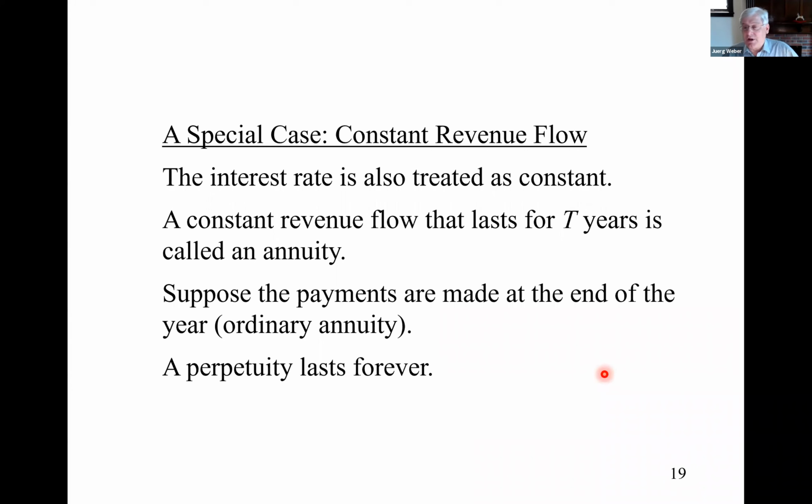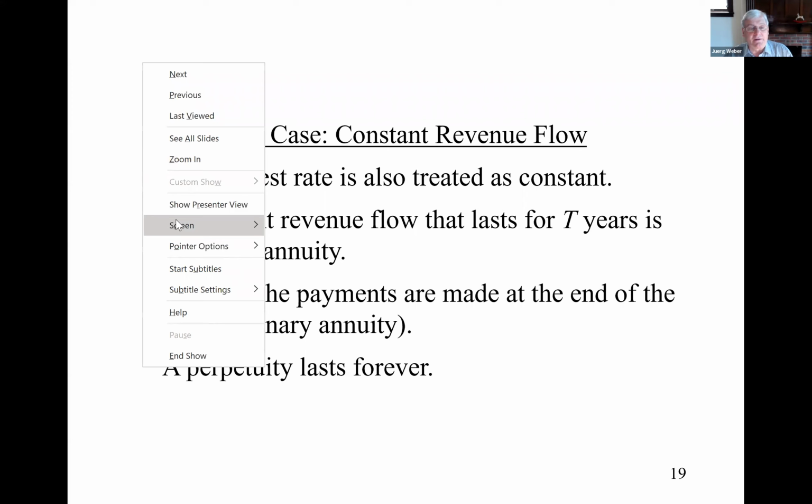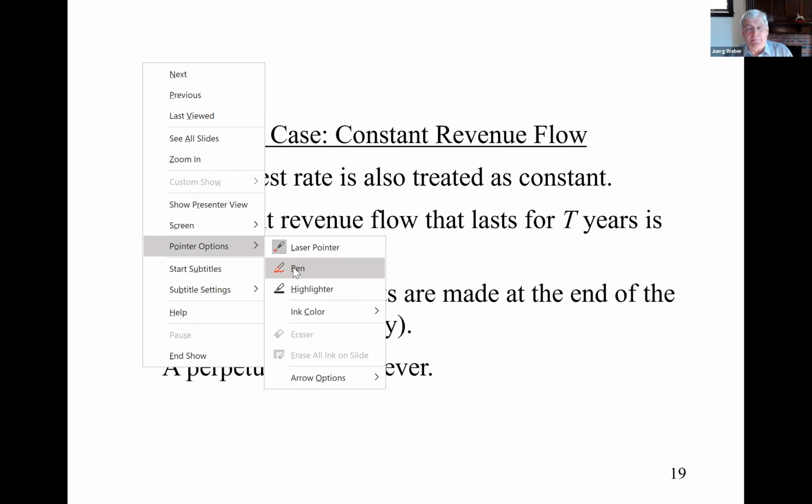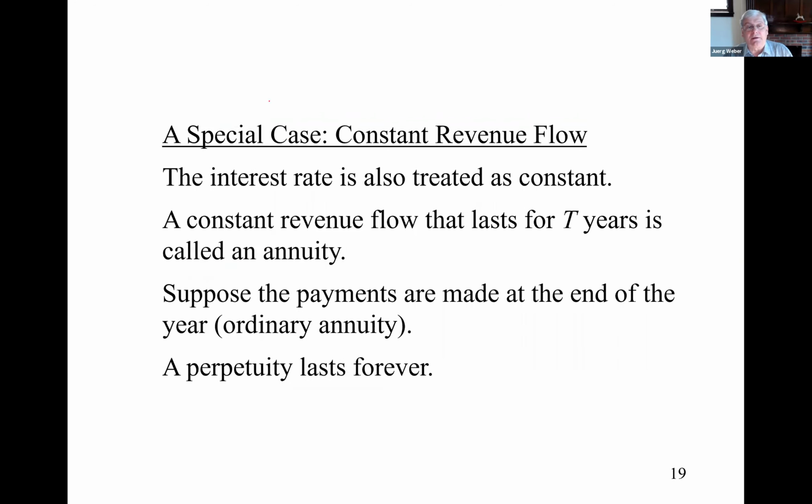Now let's look at the constant revenue flow, and we will also treat the interest rate as constant. If you have a constant revenue flow that lasts for T years, then we call it an annuity.